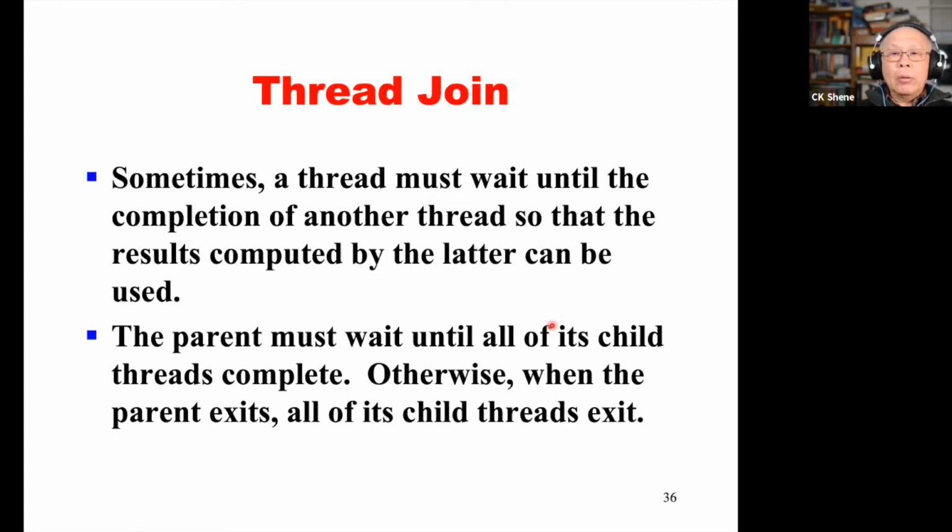So how does this parent thread know that its child thread completes, so that the parent could pick up the results computed by that particular thread? You have to call the join method of that child thread. So the second clause simply tells you the parent must wait until all of the child threads complete. Otherwise, when the parent exits, all of your child threads exit as well. This is very important.